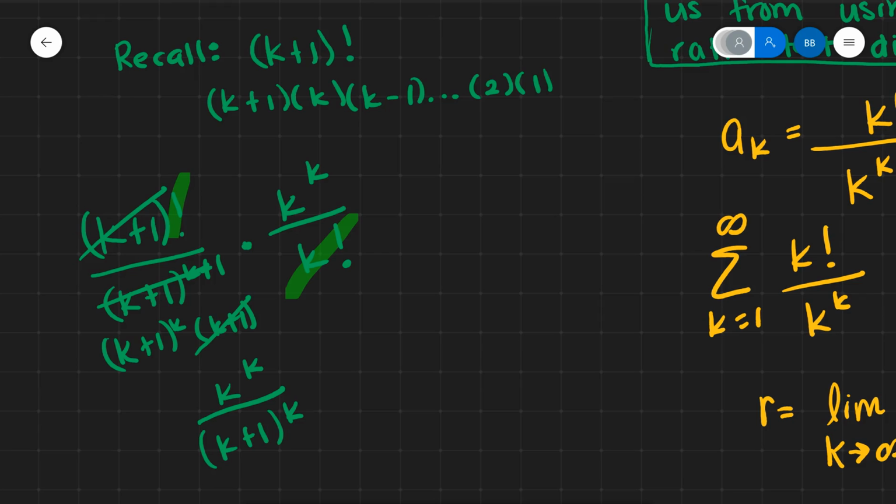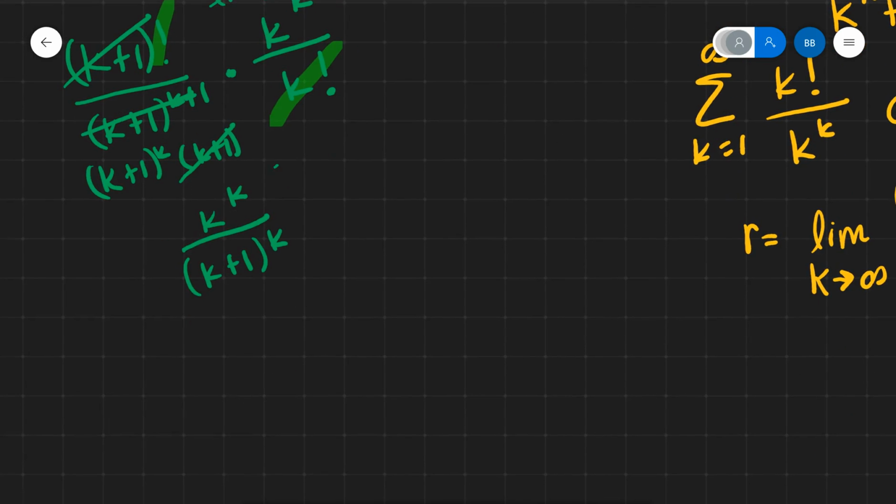So if we write out these terms for k factorial, we get essentially the same thing: k times k minus 1 times k minus 2, all the way down to 2 and 1. So all of these terms would cancel, leaving us only with the k plus 1. That means our fraction can be reduced to just k to the k over k plus 1 to the k.